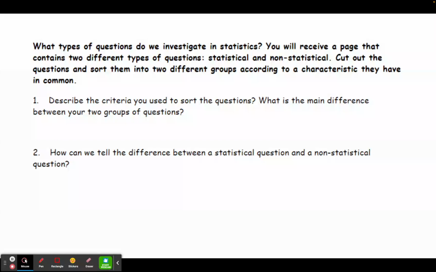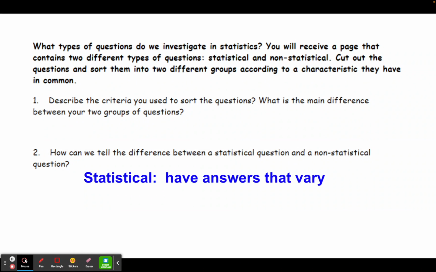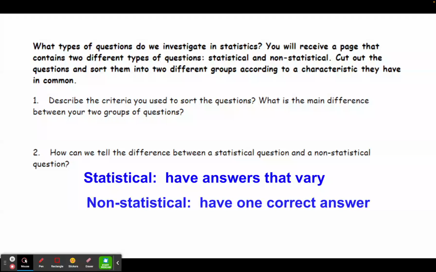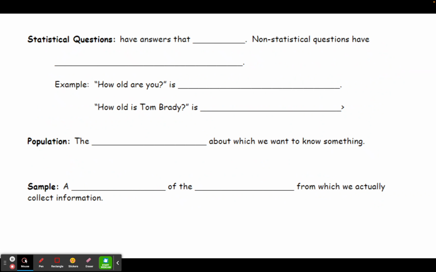So in number 2, how can we tell the difference between a statistical and a non-statistical question? Statistical questions have answers that vary, and statistics is all about the study of variation. Non-statistical questions only have one correct answer. So we will then define that along with some other words that we're going to use throughout Chapter 4.